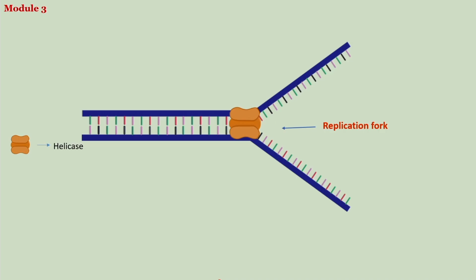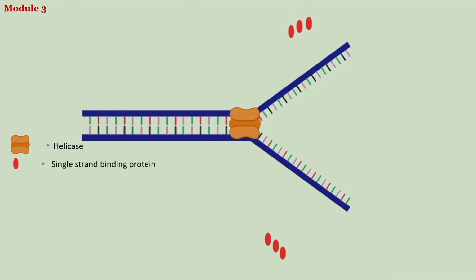So, in order that these two newly formed single strands do not come together again into a hybridized strand, another set of enzymes comes and stabilizes these single strands. These are known as single stranded binding proteins, or in short, SSB proteins. SSB proteins bind to the single strands, and DNA binding by proteins is generally quite strong.